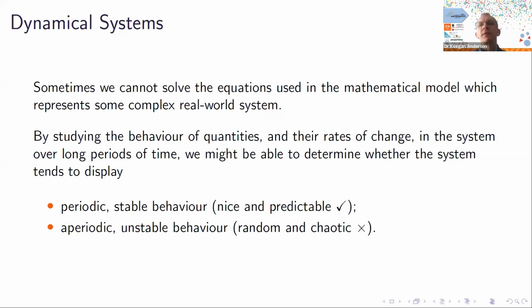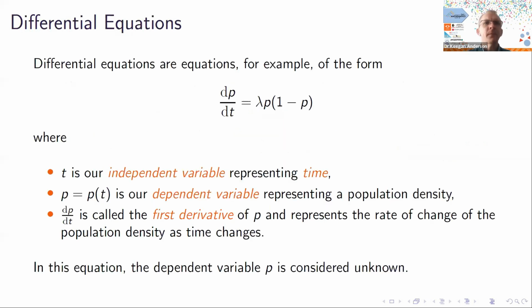And we want to be able to determine whether this system of equations displays periodic or stable behavior, which is nice and predictable. That is what we're looking for. But sometimes we find that these systems display aperiodic or unstable behavior, which is completely random and chaotic, which is not something we would want if we are using our mathematical models to predict future results.